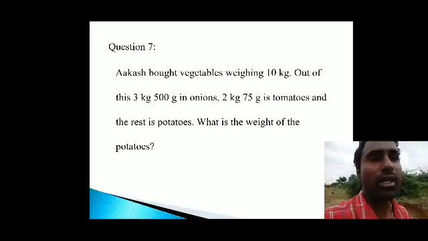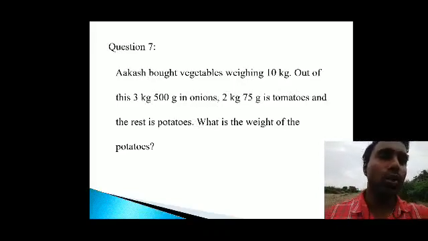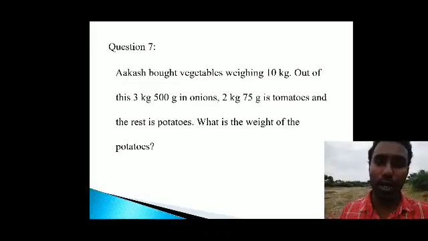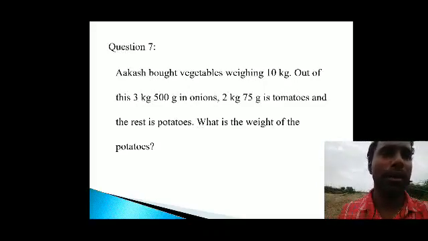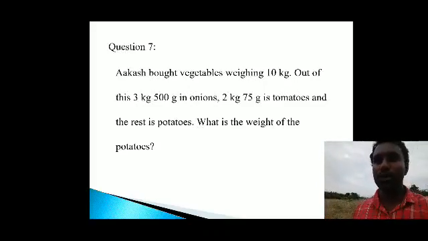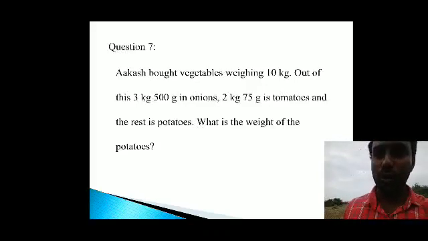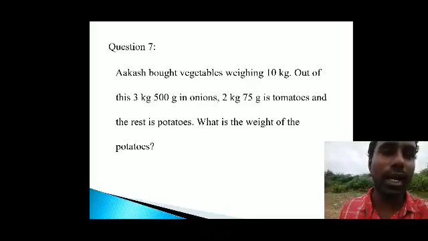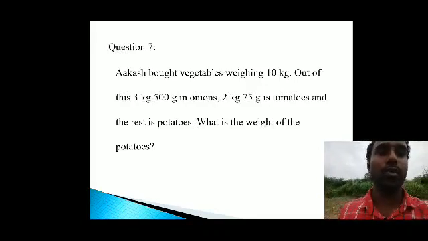Out of this, 3 kg 500 gram is onions, 2 kg 75 gram is tomatoes, and the rest is potatoes. What is the weight of the potatoes? See, one thing you have to know: Akash bought vegetables weighing 10 kg in total.